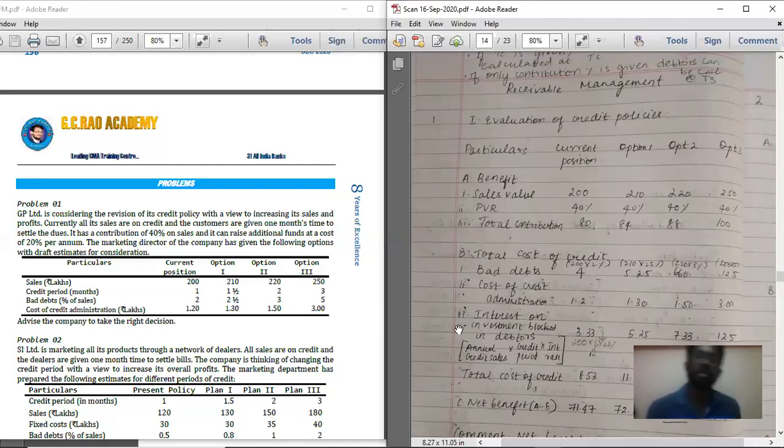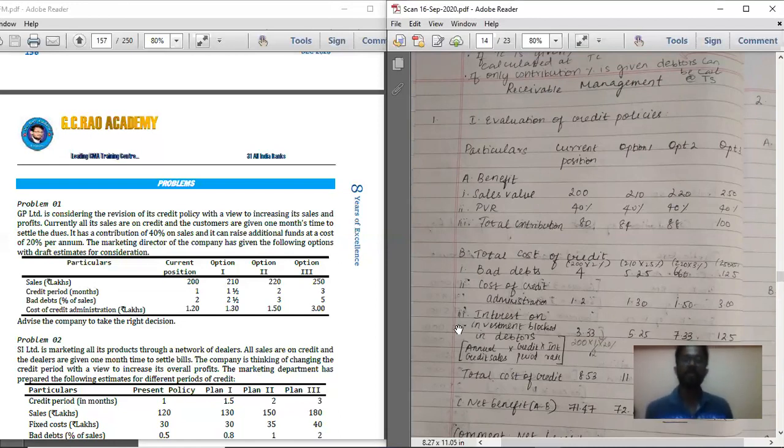Below benefits, small Roman number 1. What are the benefits to be derived from these credit policies? Sales multiplied by the contribution ratio gives the total contribution, and from the total contribution, if you deduct the cost of credit, you will get the net benefit.